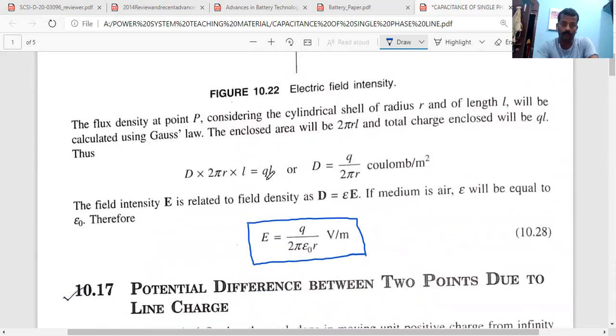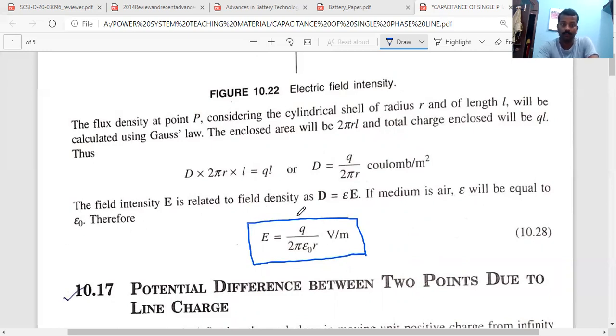Now we can put the value of D in this equation. Here D is Q by 2 pi r, which will be equal to epsilon E, and hence E will be Q upon 2 pi epsilon r. If the medium is air, then epsilon will be replaced by epsilon 0.